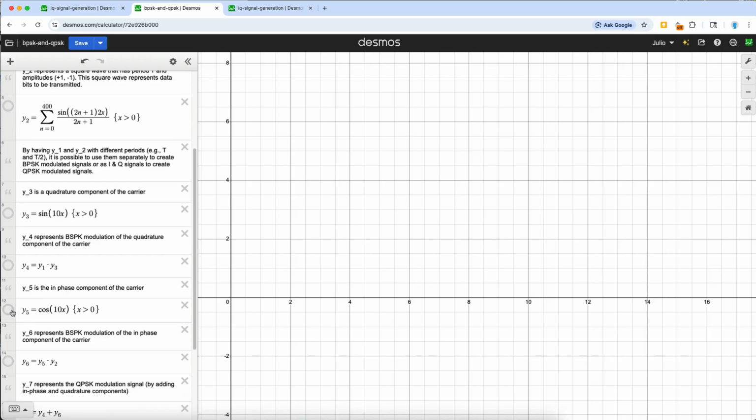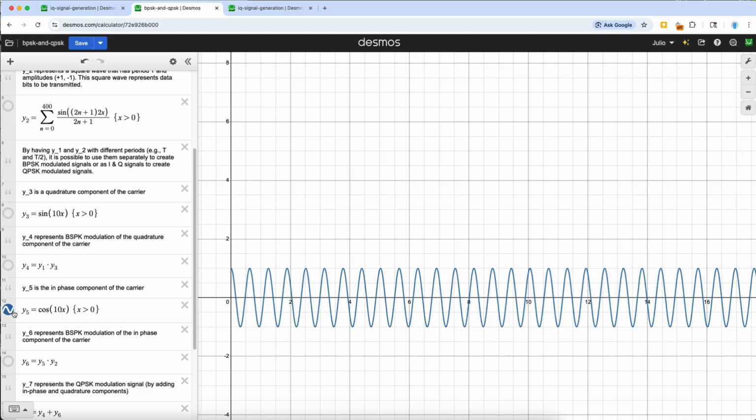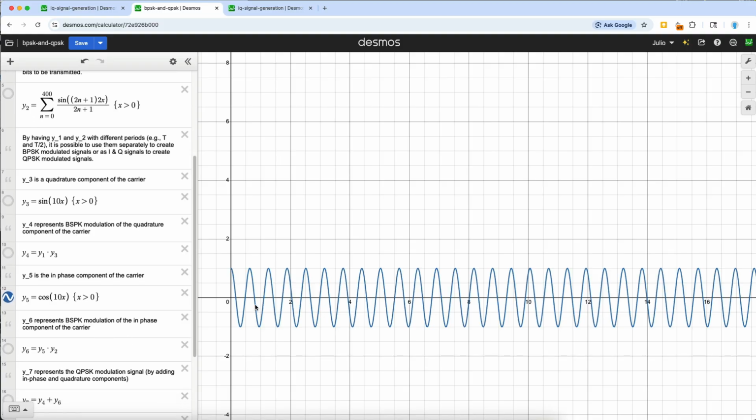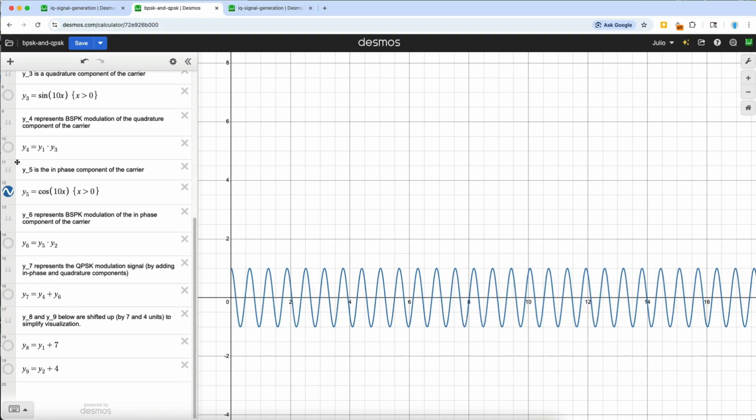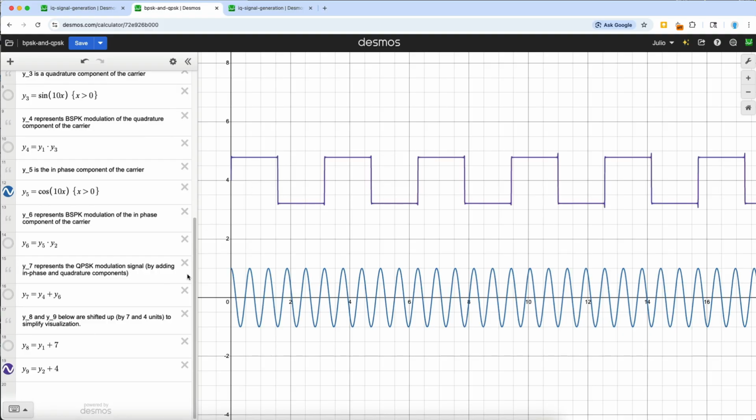In this case, we're going to modulate our cosine wave here. If we take our cosine wave and multiply it by our data, which is plotted right there, 1, 0, 1, 0, 1, 0, whenever we send a 1, we send a cosine, and whenever we send a 0, we send one that is the opposite phase.